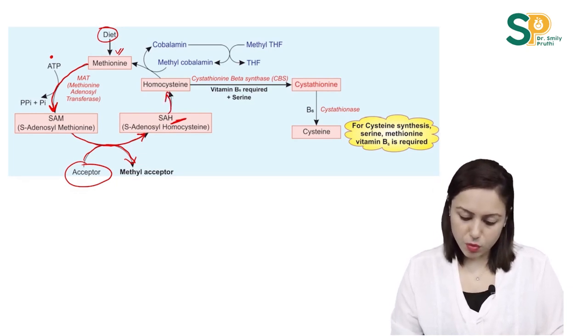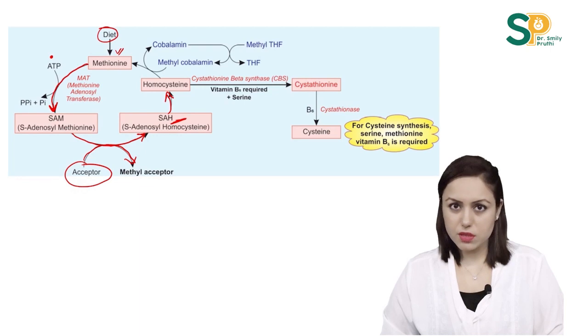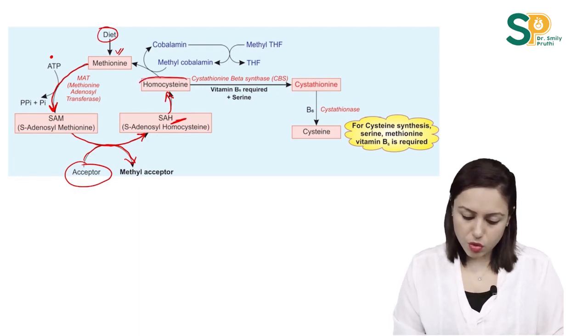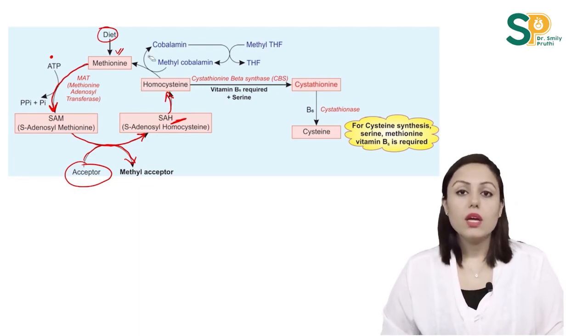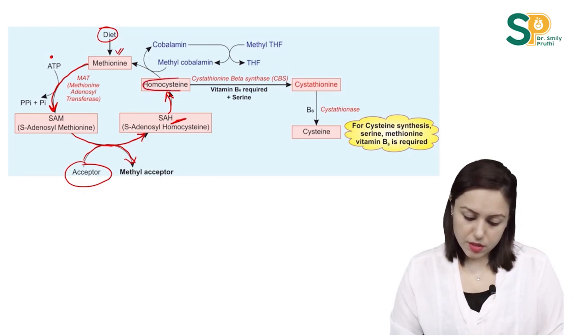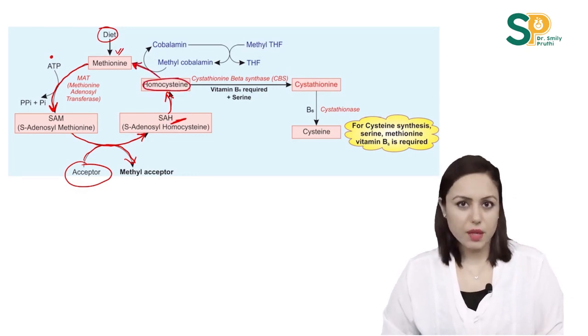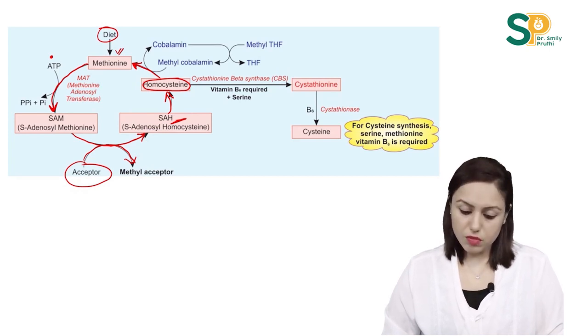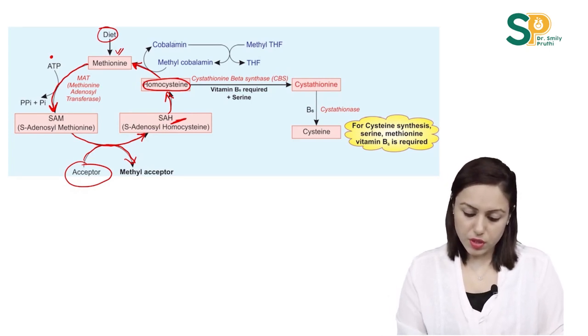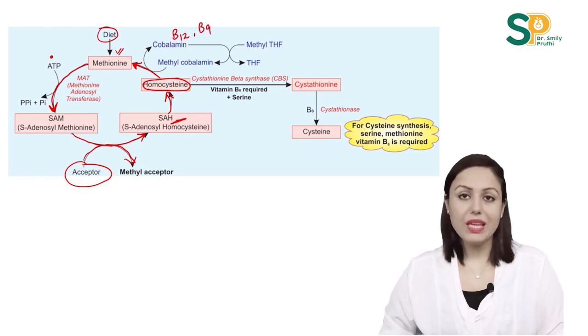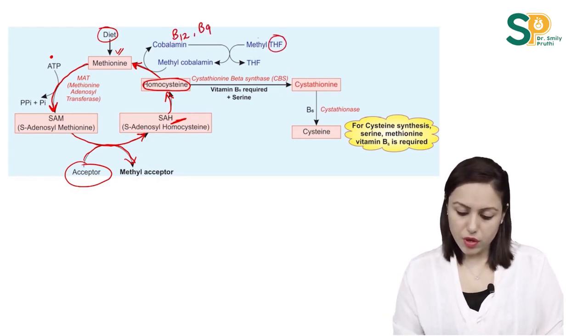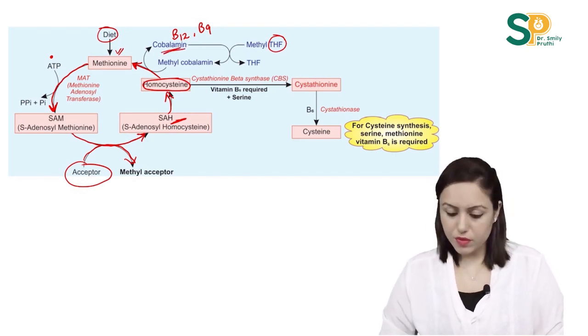Now, the adenosyl group is removed from this compound and we get homocysteine. Now, homocysteine gets converted to methionine again and the cycle is completed. And during the conversion of homocysteine to methionine, there is a requirement of vitamin B12 and vitamin B9. So this is tetrahydrofolate, that is B9, this is cobalamin, that is B12, right?